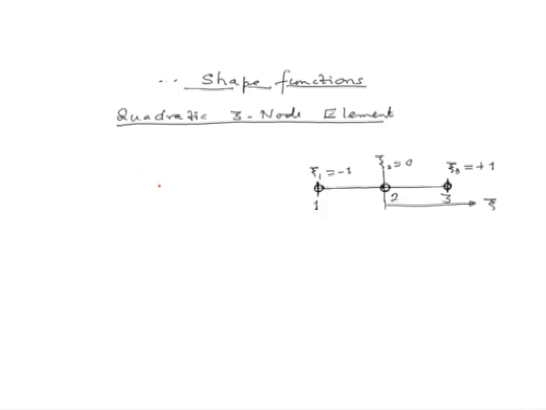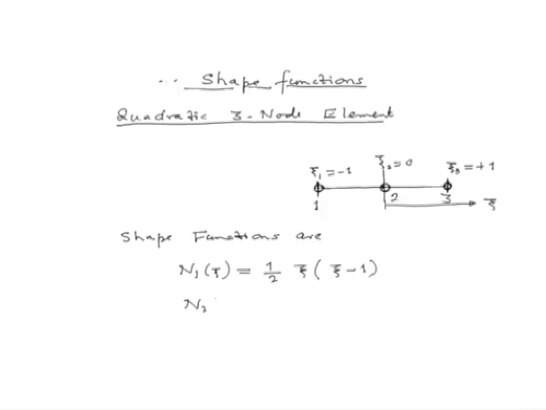Now, the shape functions are: N1(xi) is given as 1 by 2 xi into (xi minus 1).